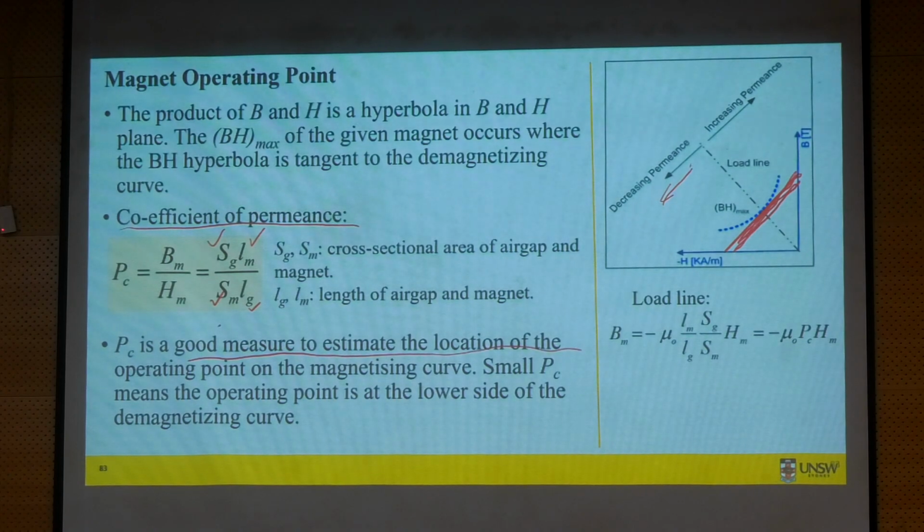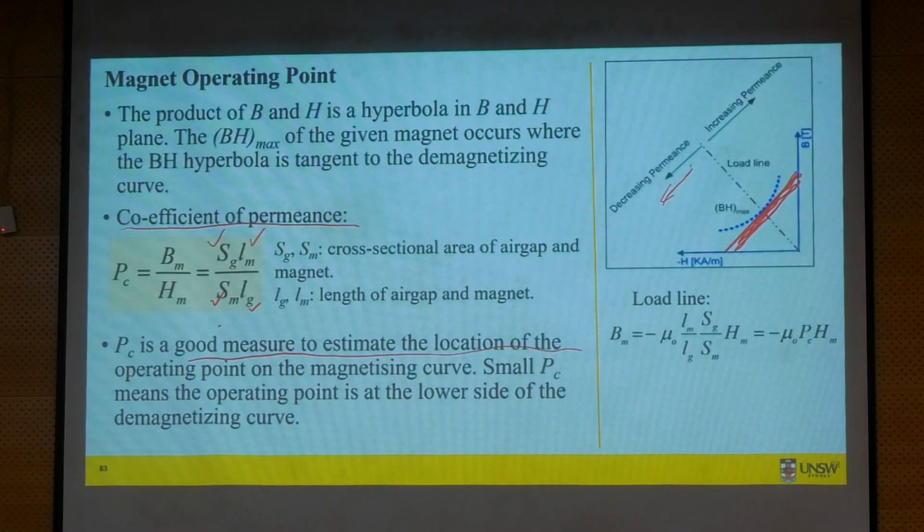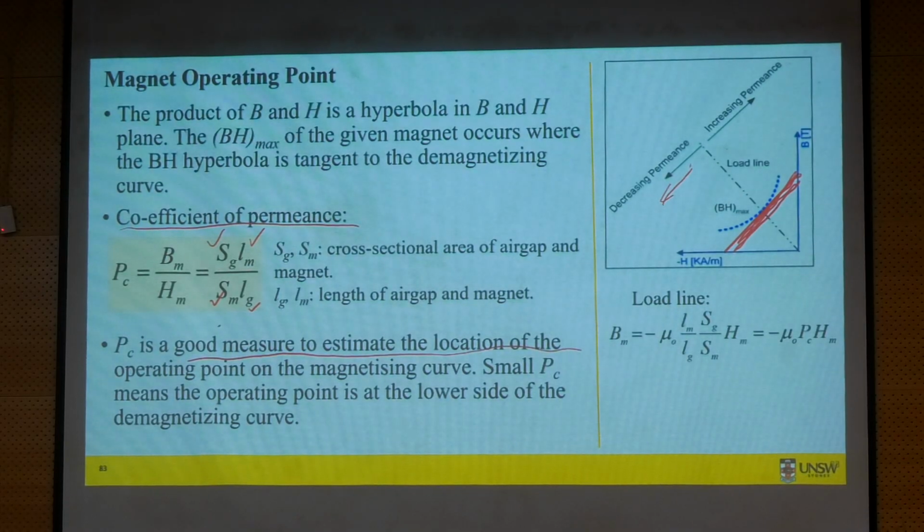Even if we consider Hc to be 0, that means your steel material is infinitely permeable, but we have the air gap, right? So even if we ignore steel, we always will have the air gap. So HmLm plus HgLg must be equal to 0. So H cannot be 0, right?